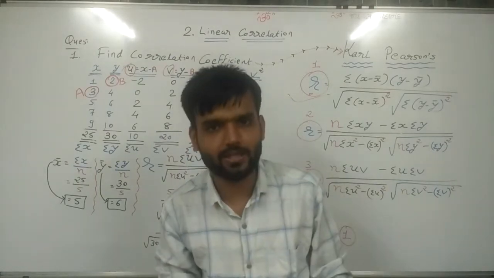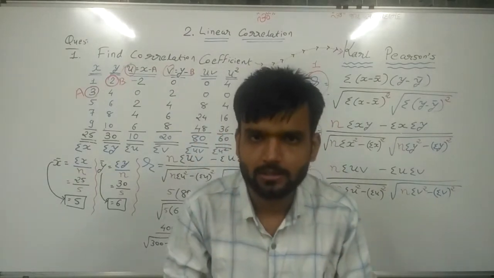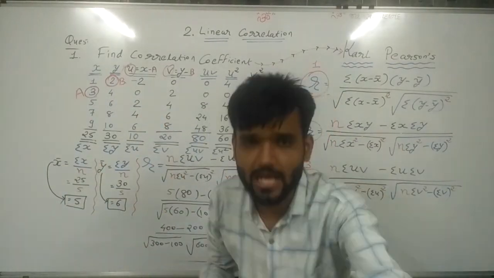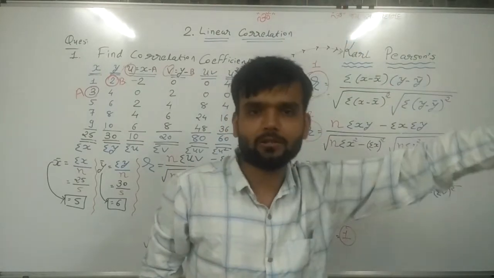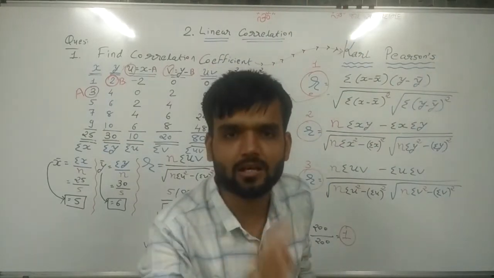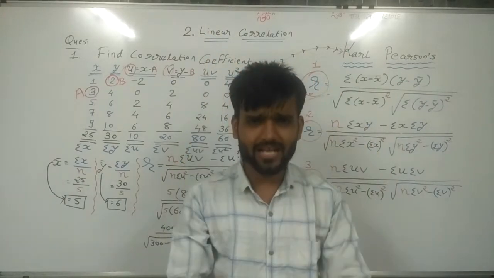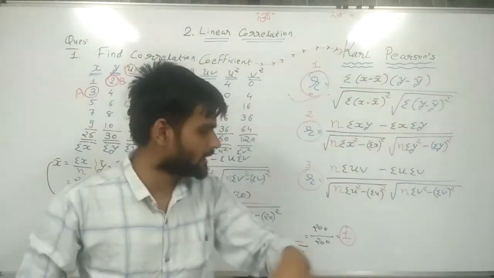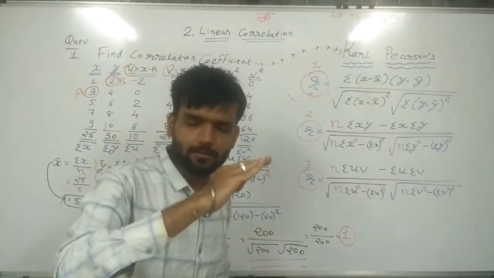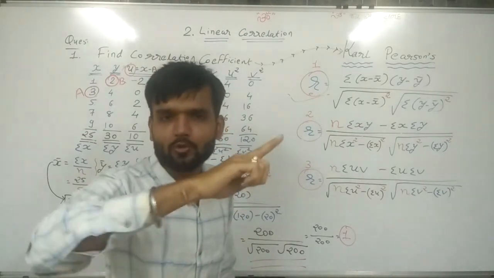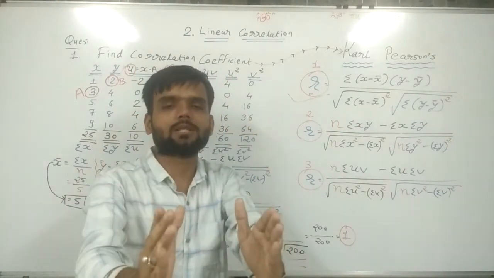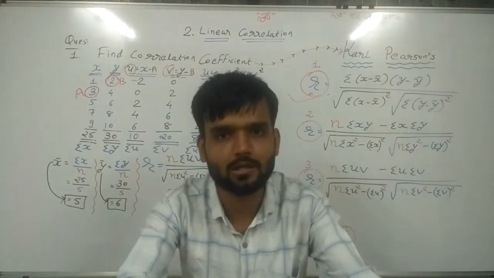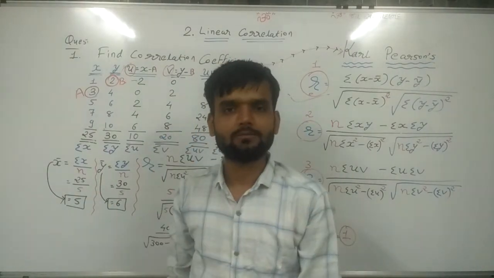Now, the last thing I need to discuss: the same sum will be done next time with a different method, that is called the scatter diagram method. By using the scatter diagram method also, if we solve this sum, the answer will be 1. I am sure after that you will be clear about the sum. Now this sum I can say is the Brahmastra for your chapter.